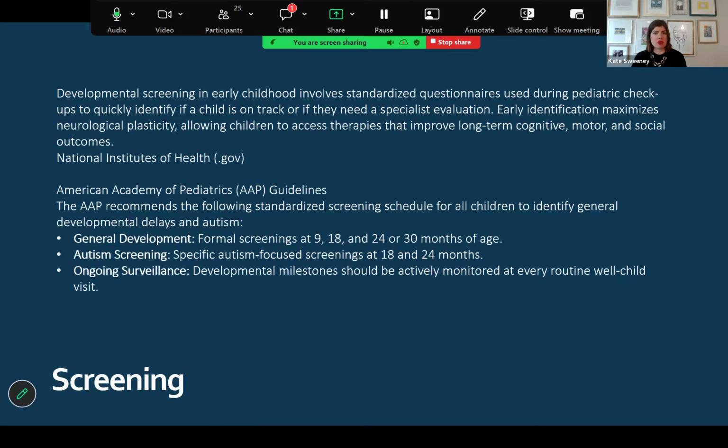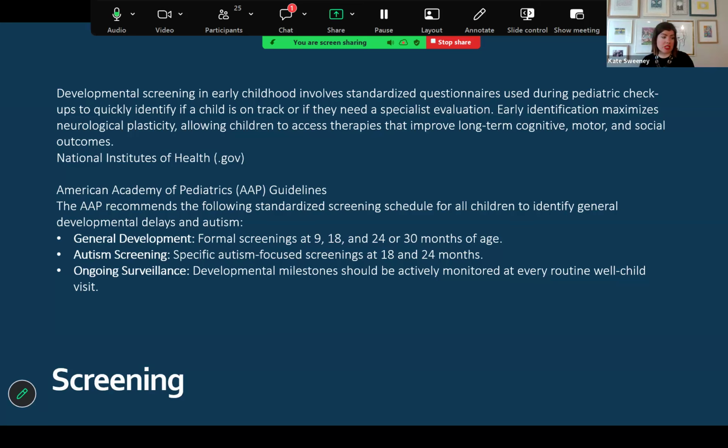In general, developmental screening plays a really key role in identifying and being more promotional, preventative, or early intervention supportive if needed when kids are younger, so that they can catch up or stay on track as best as possible.